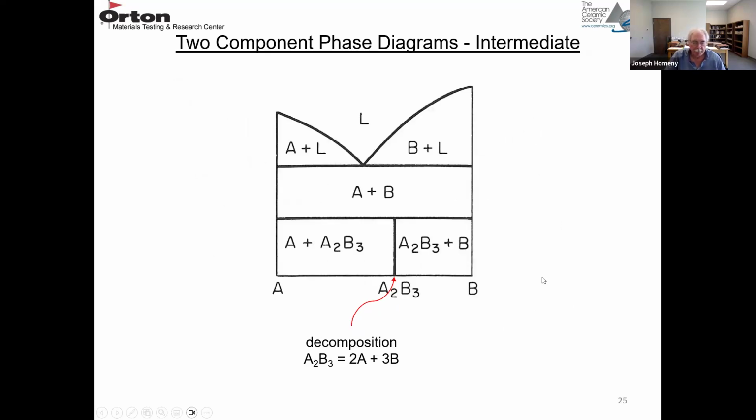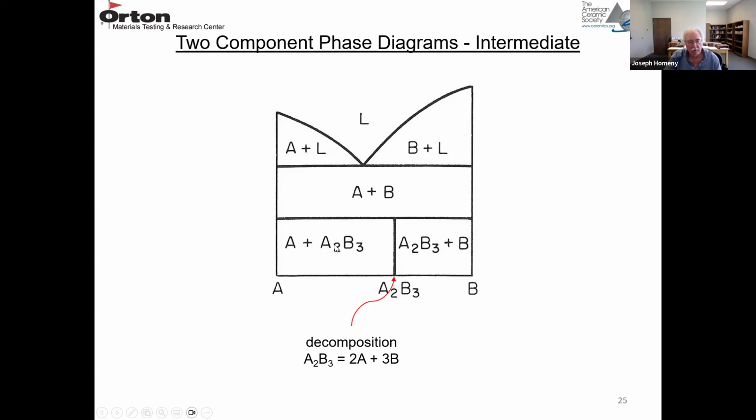So there's various types of these binary phase diagrams with an intermediate compound. And I have 3 or 4 of them to show you here. So we have A and B as the end members, and we have some compound, in this case A2B3 over here. So this is an example of a phase diagram with a decomposition. As we increase the temperature here, we have this reaction taking place.